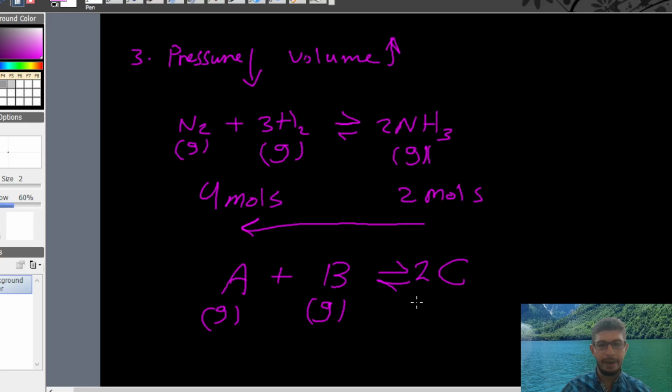Actually, we apply pressure on gases only. Don't apply the effect of pressure on liquids.